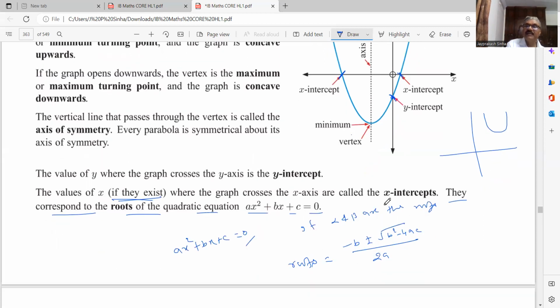So when there is no x-intercept, when the graph is not cutting the x-axis, then there will be no real roots.